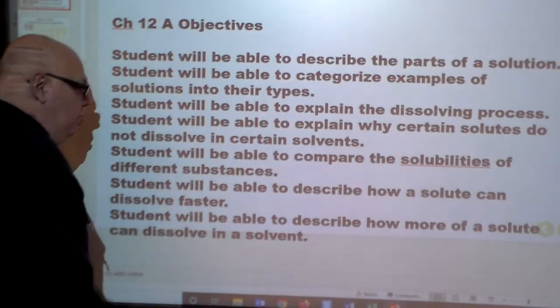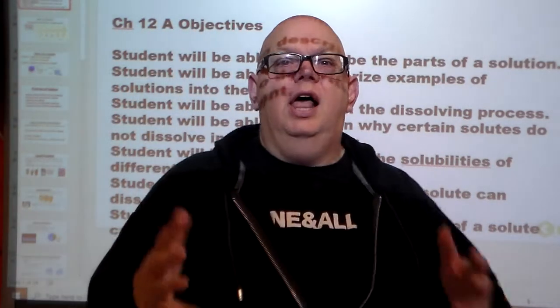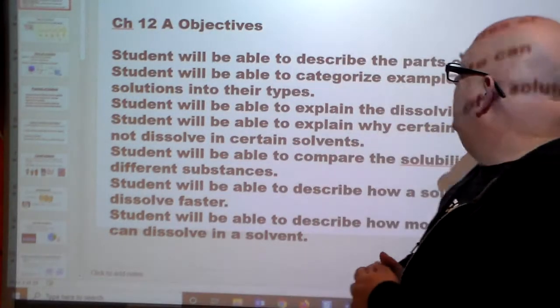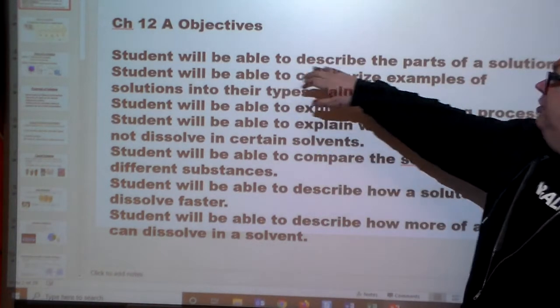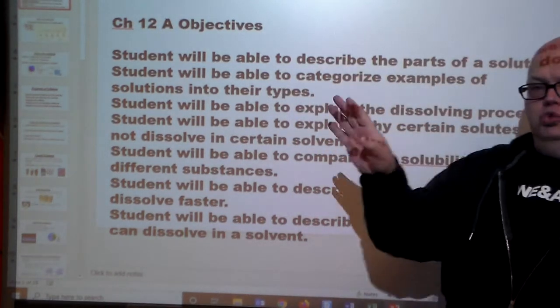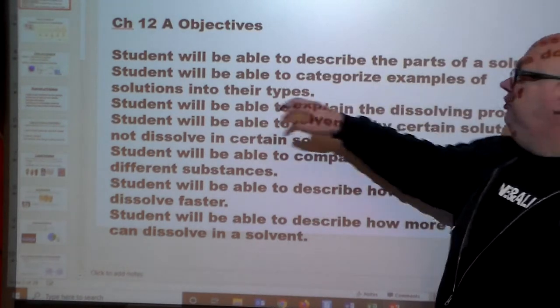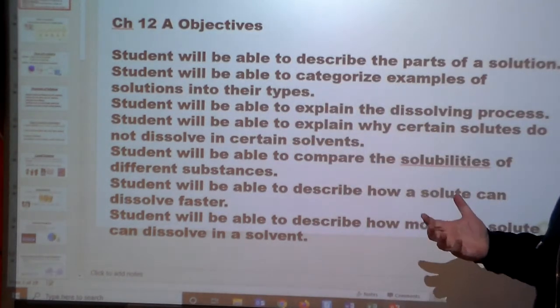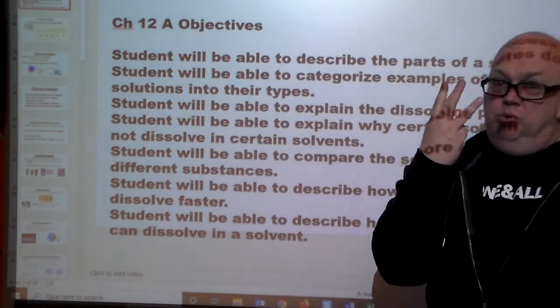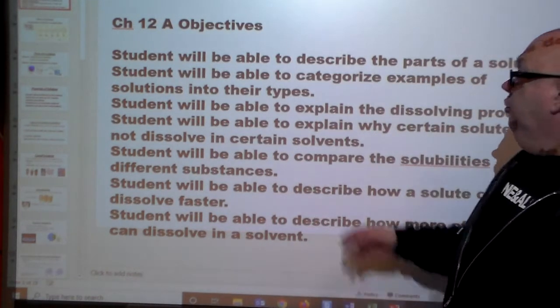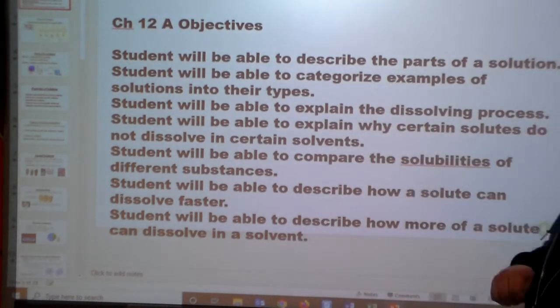We're just going to look at 12A today, and that sounds like a lot of objectives. So let's tear it apart. You're going to be able to describe the parts of a solution, okay? You're going to be able to categorize examples of solutions into their types, and there's three basic types. You'll be able to explain the dissolving process.